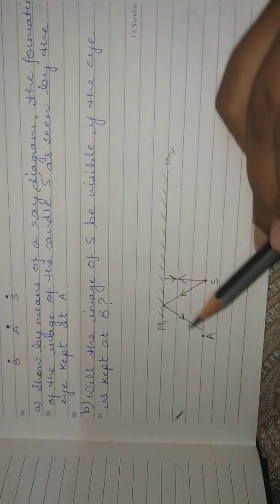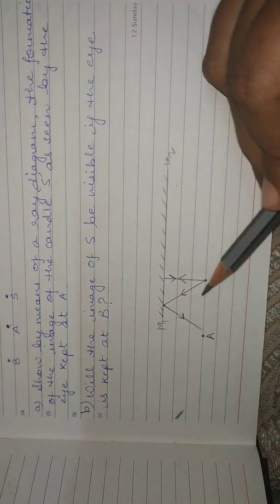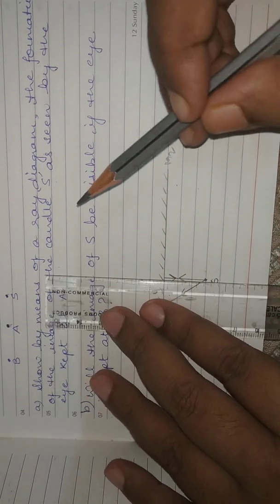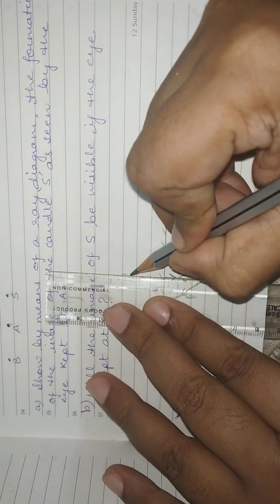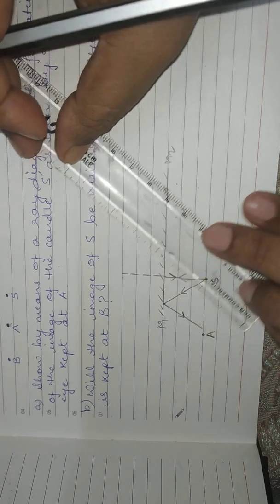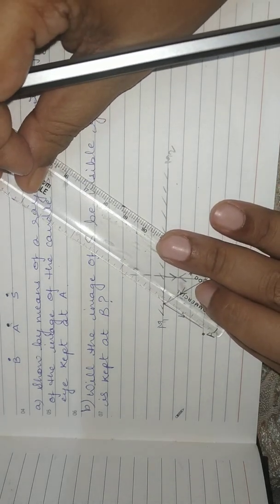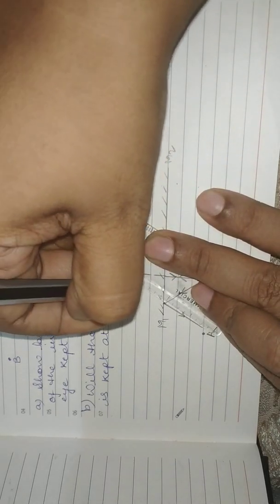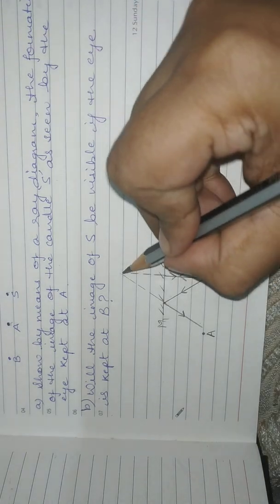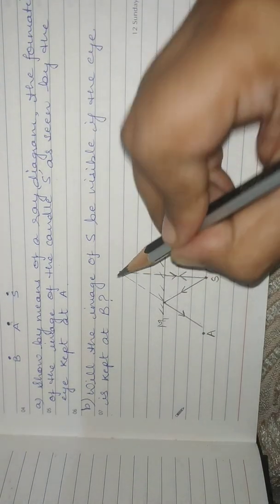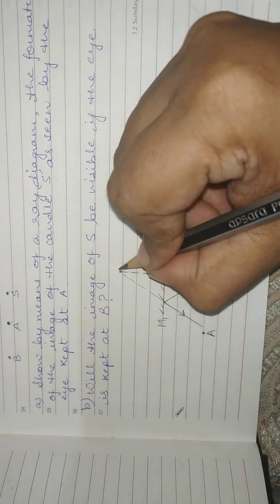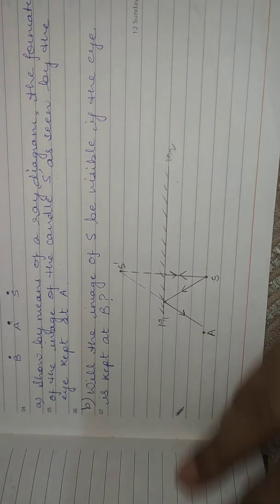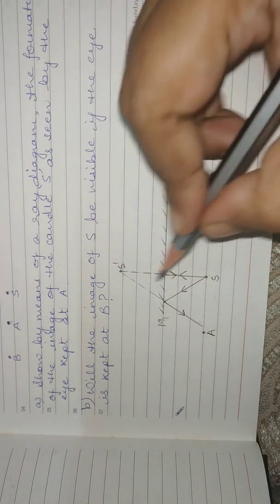Now both the reflected rays will not meet in front of the mirror, but we will have to extend them backwards. So let us extend with dotted lines. So these 2 reflected rays appear to meet somewhere over here where we will get the image of the object. Okay. So this is how we get the image of a point object.